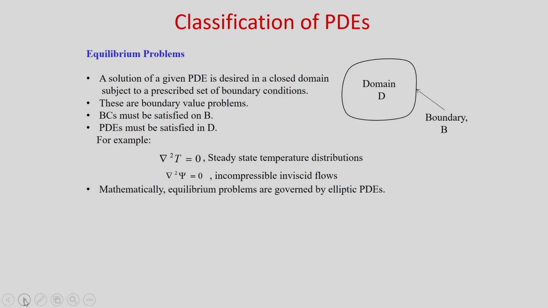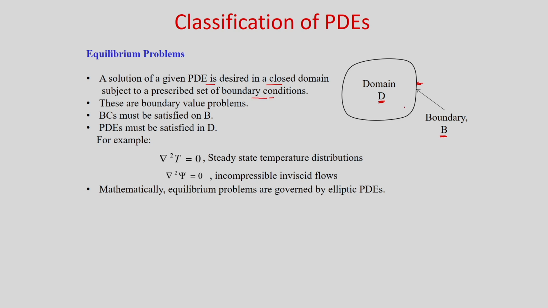Equilibrium problems. You have a domain, which is represented by D, and it has a boundary, which is represented by B. A solution of a given PDE is desired in a closed domain subject to a prescribed set of boundary conditions; these are known as equilibrium problems.